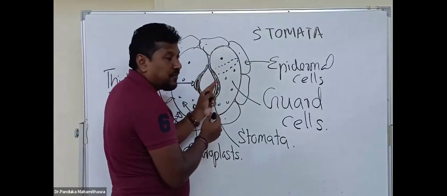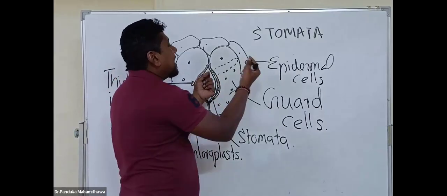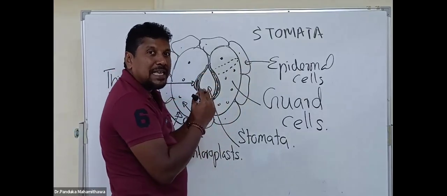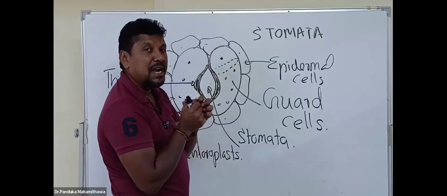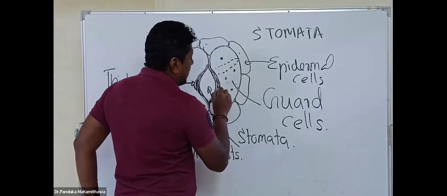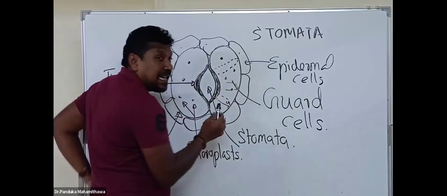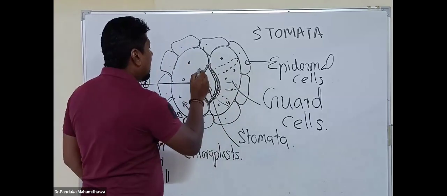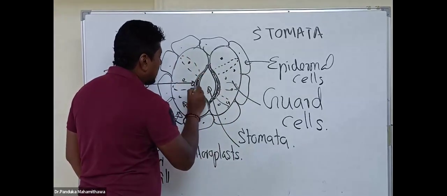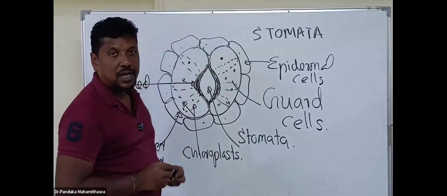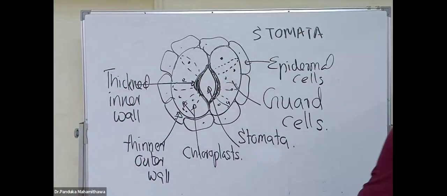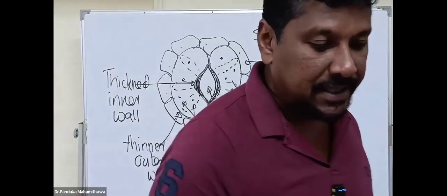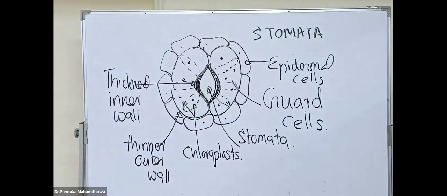The inner thick wall is hooked around the thinner outer wall by a loop of microfibrils made up of cellulose. This is very important when you learn the mechanism of opening and closing. These microfibrils are made as hoops, very important for the mechanism of opening and closing, right?